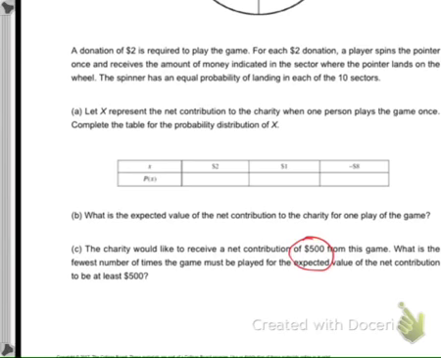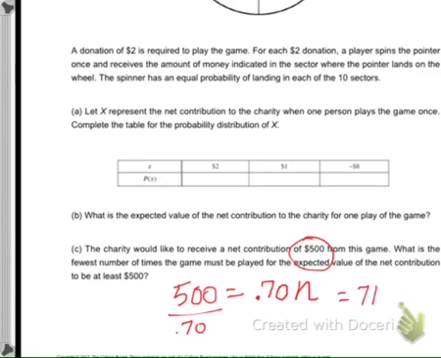$500 for our charity. And what is the fewest number of times a game must be played? So our expected value is $500. And we know we're going to get 70 cents a game on average. So the question is, how many games would we need to play? Well, if you divide over 0.70, you're going to get something like 714.29, but we can't say that's a number of games.